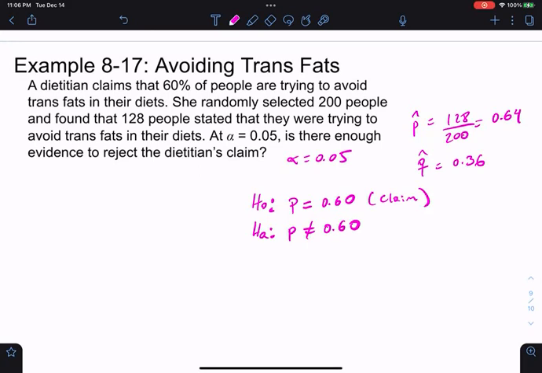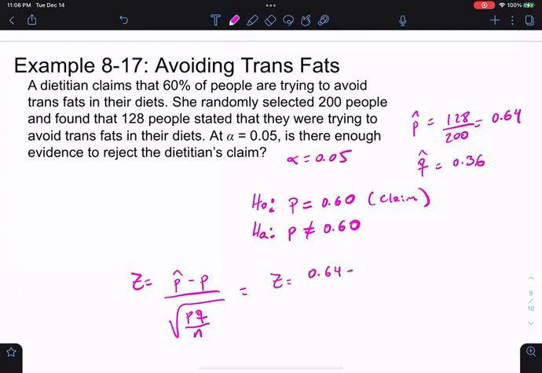Okay, so now we need to do the z-test. So we have p hat minus p over the square root of pq over n. So z equals p hat, which is 0.64, minus 0.60, over the square root of 0.64 times 0.36 over n, which is 200, the sample size.